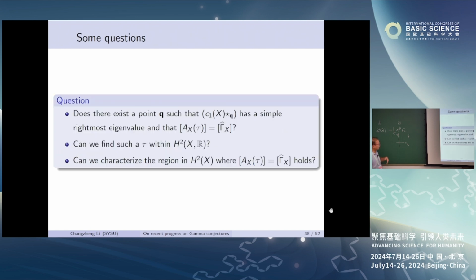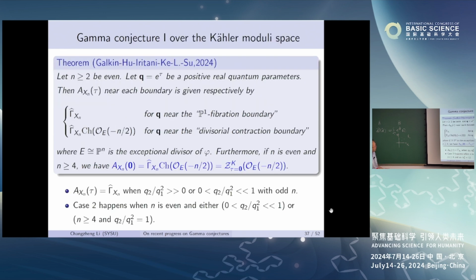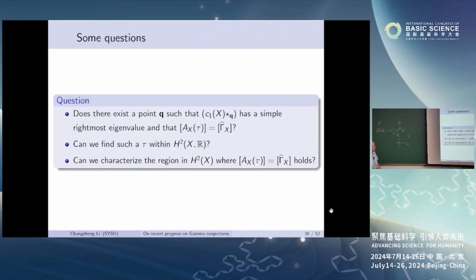Then we can ask some questions arising from these counterexamples. This theorem also partially answers these questions. In this example, in the very beginning, we just considered Q equal to 1, the conjecture of special radius.